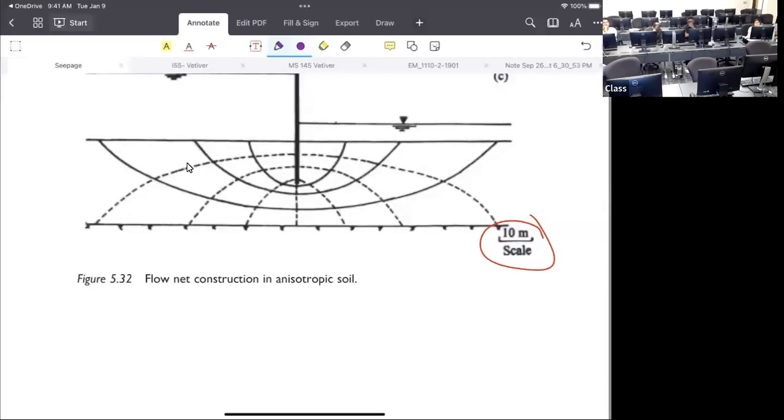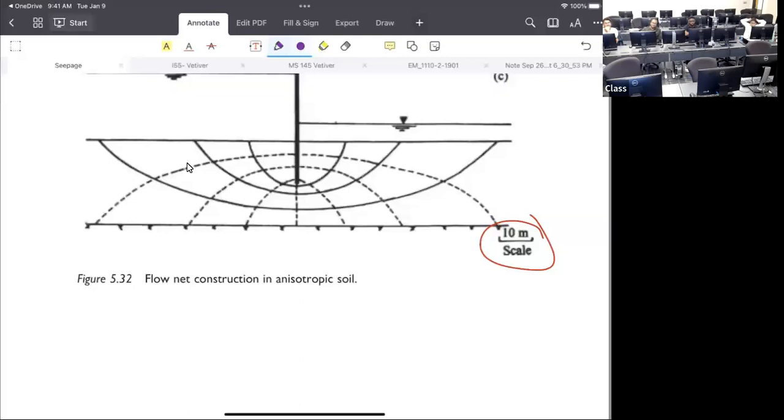We calculate the horizontal equivalent, KH, and the vertical equivalent, KV. Then we take the square root of K equivalent V times K equivalent H. That gives you the total K in terms of the flow calculation.